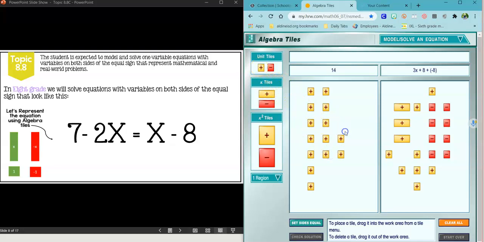So I should get, okay. And now I'm going to create my zero pairs. So again, you just drag and hover over and they just disappear like zeros.